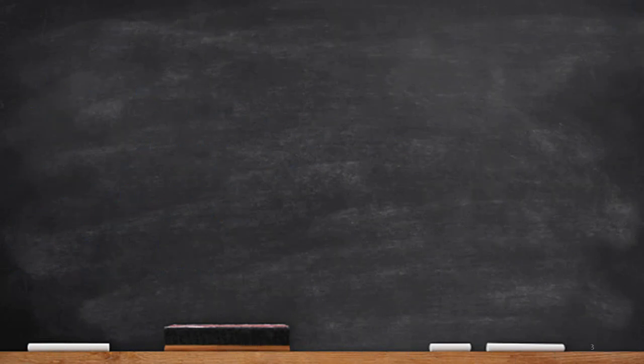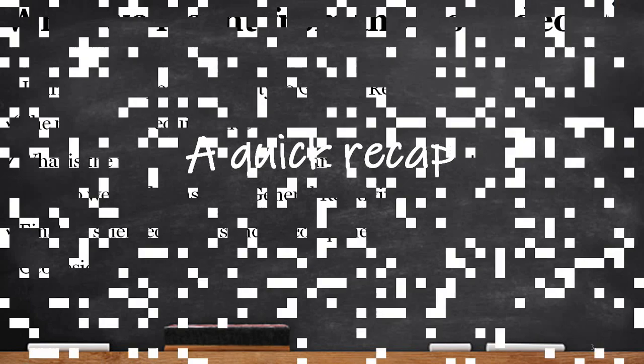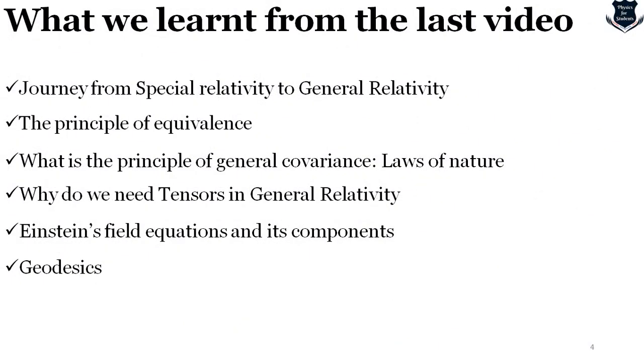Before we start with this particular content, we would like to have a quick recap of what we have done in the last video. We started with the journey and showed how we migrated from special to general relativity. We also learned a few important principles.